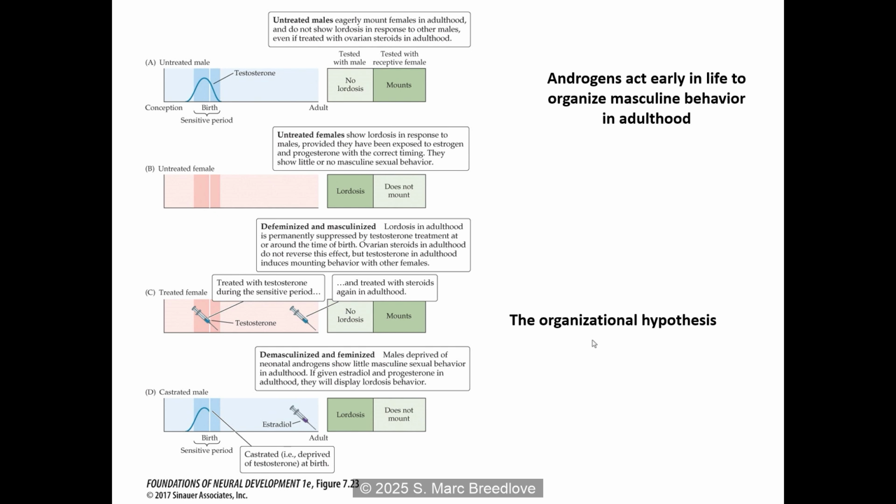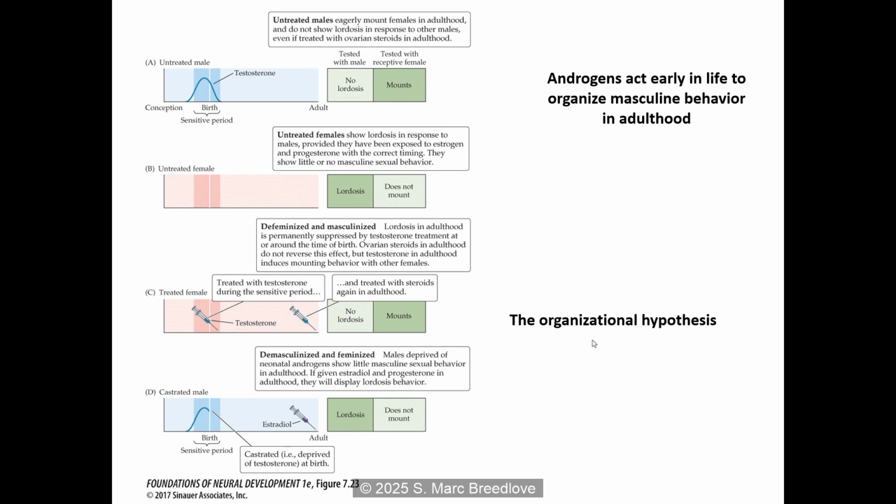And they said, in those cases, the hormone is activating the behavior. But they said when animals are given hormone early in life, there's a fundamentally different thing that happens. Exposure to testosterone early in life, they proposed, permanently altered the brain so that the animal's behavior was permanently altered.